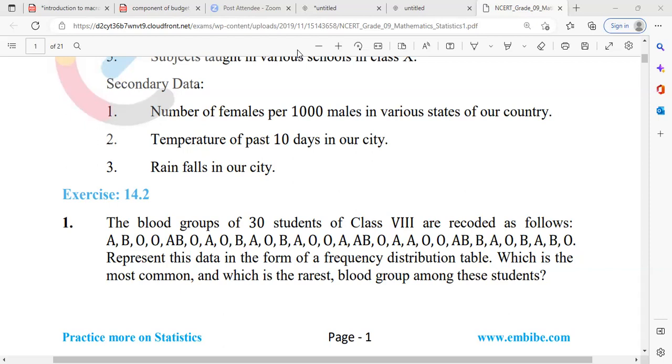Ma'am, the most common one is O. Okay, you have made the table. No, ma'am, I just counted it from the question. Okay, first you need to see what they have said. They have said to represent this data in the form of a frequency distribution table, and after that tell.